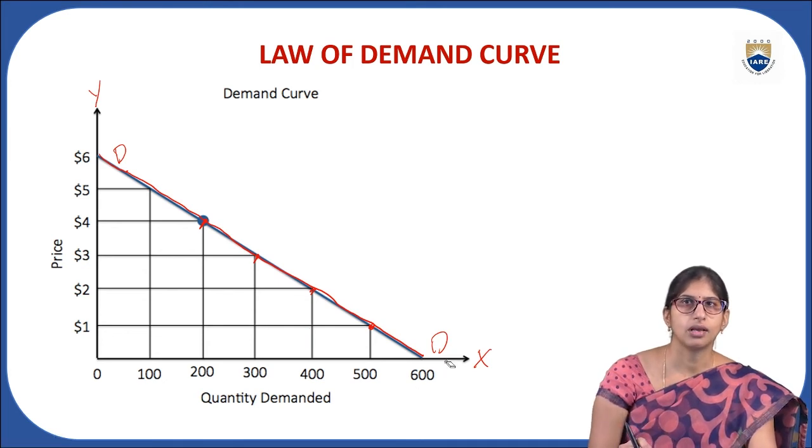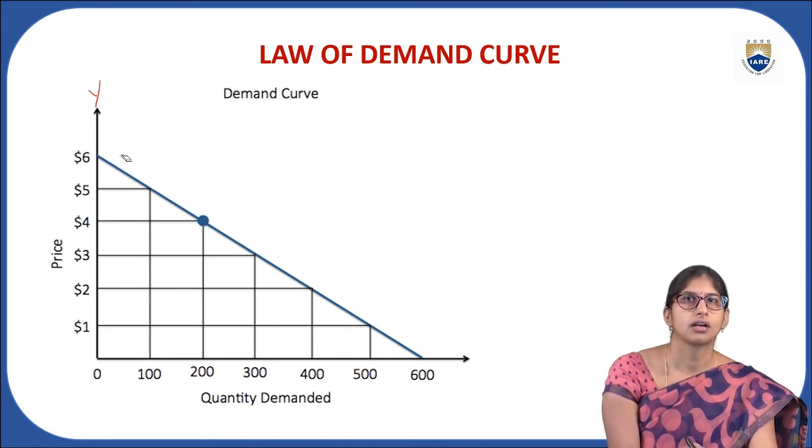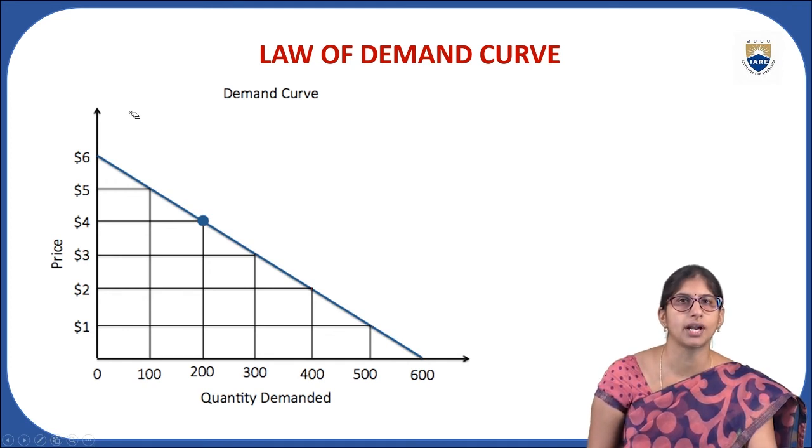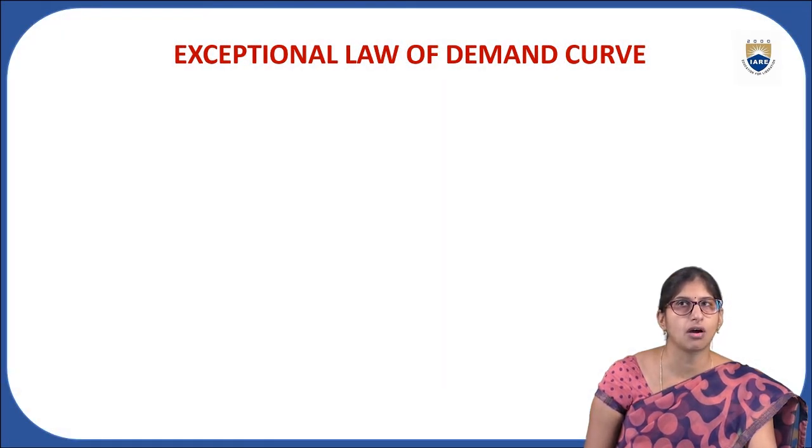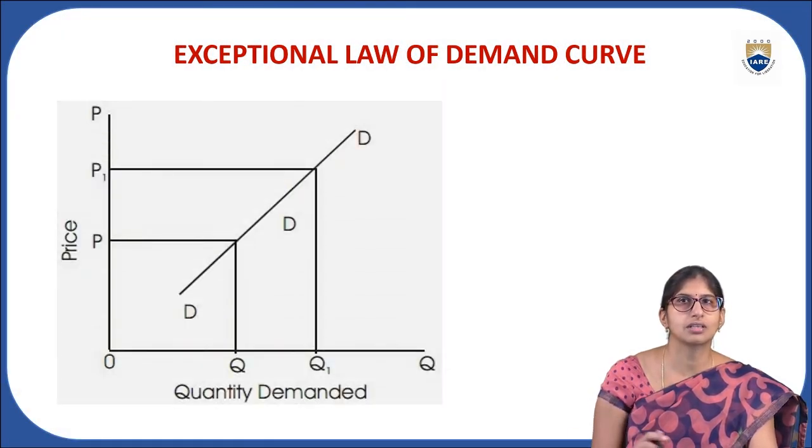Okay. So now let's try to understand the exceptions of the law of demand. We already discussed the exceptions of the law of demand. Now let us draw the exceptional law of demand curve. So this is how the exceptional law of demand curve looks.